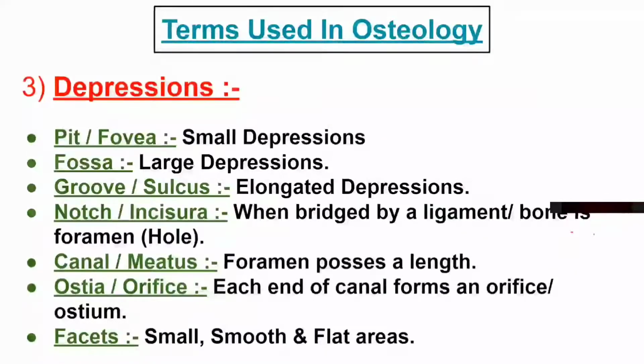So this will be called a pit or fovea. And then groove or sulcus. How will you say groove or sulcus? Now in this rib, let me show you. Here there is a groove. This is the elevation, I told you, a line or a ridge or a crest.